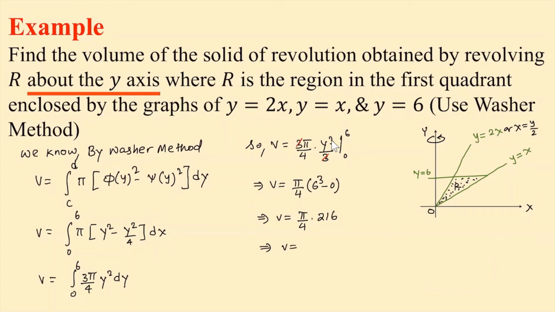The volume is equal to 216 divided by 4, which is 54. The volume is 54 pi. And if we want to change that to decimal using a calculator, it will be 169.65 cubic units.